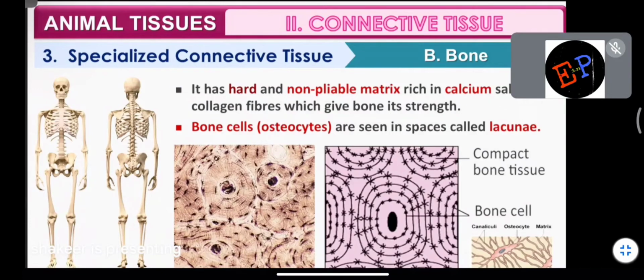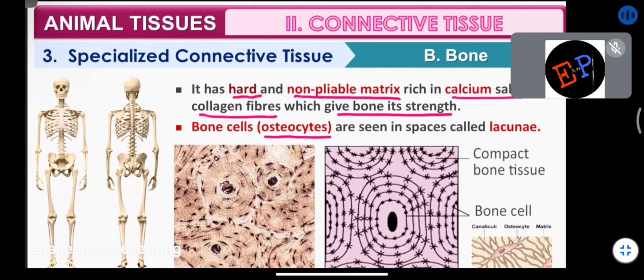So it has a hard and non-pliable matrix which is rich in calcium. Cartilage was rich in chondroitin, but the intercellular matrix in the bones is rich in calcium. And collagen fibers give bone its strength. Bone cells are called osteocytes.